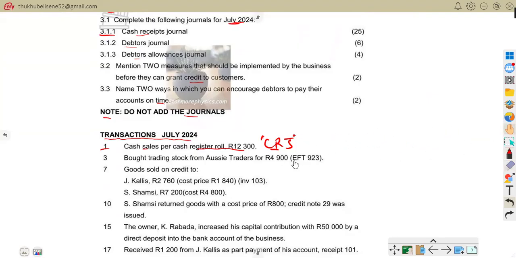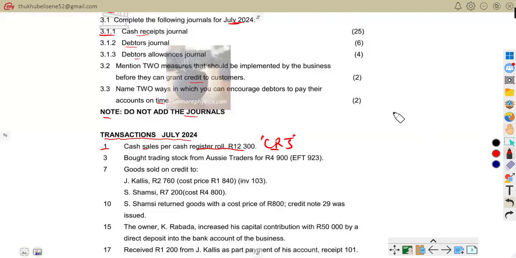Now, as we have this transaction, it does affect our cash receipt journal. It comes from the cash register roll like we are told. We are going to have in our bank 12,300, and if we have a sales column there, we are going to have 12,300 in the sales column.